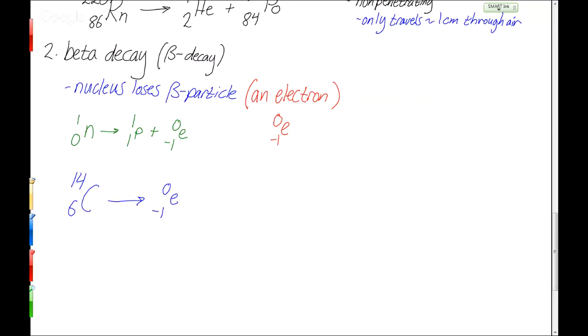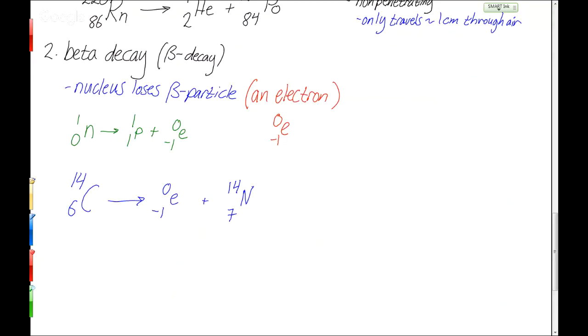Because we're putting a -1 down in that atomic number space, we have to ask what plus -1 equals 6. 7, right? 7 plus -1 equals 6. So the atomic number actually increases, and the top doesn't change because it's 0 there. We look that up and we find that's nitrogen.